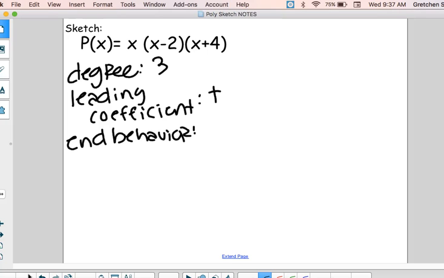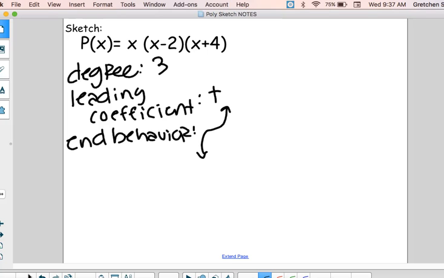So if it's a degree of 3, what are the tails doing? They're going opposite. Since it's positive, where does it end? Up. So if it has to end up, where does it have to start? So just draw some sort of squiggle that goes from bottom to top.